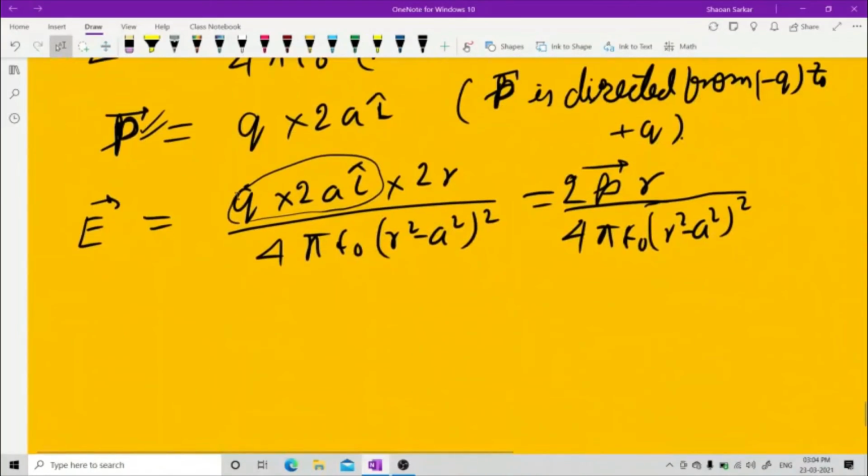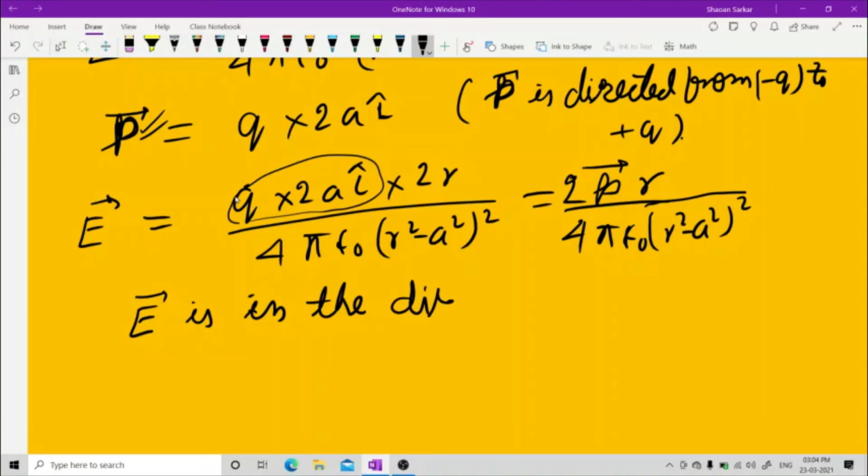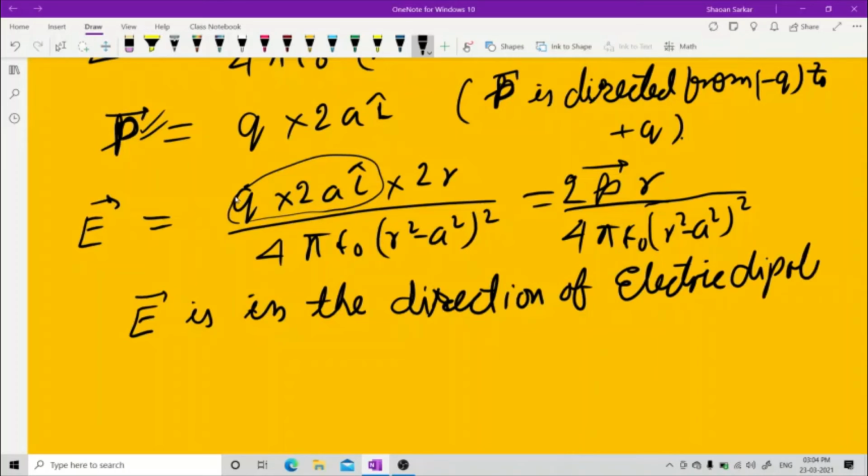And E is therefore in the direction of the electric dipole moment. Yes, E is in the direction of the electric dipole moment p.